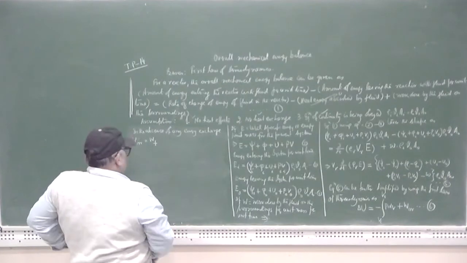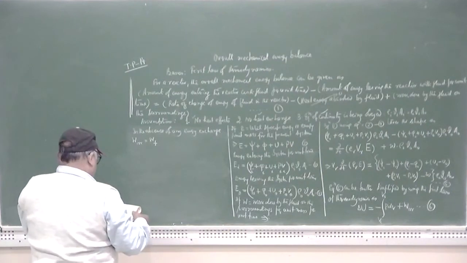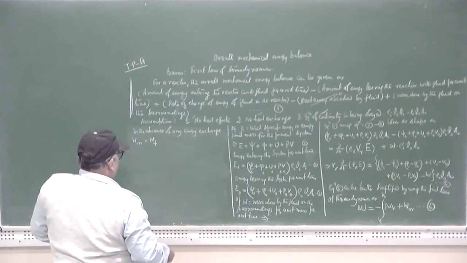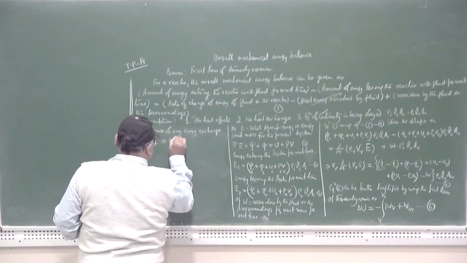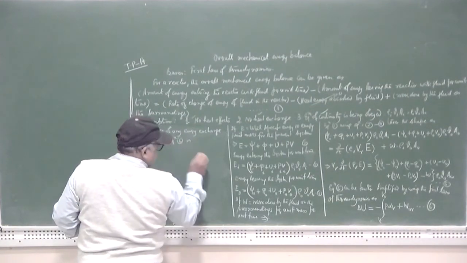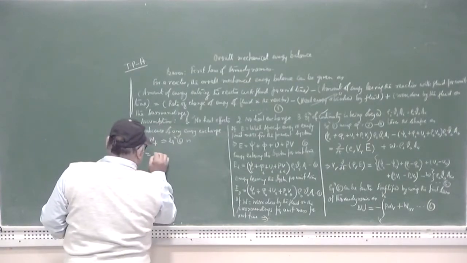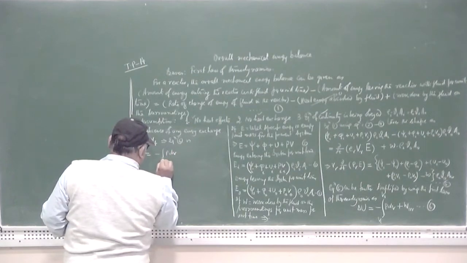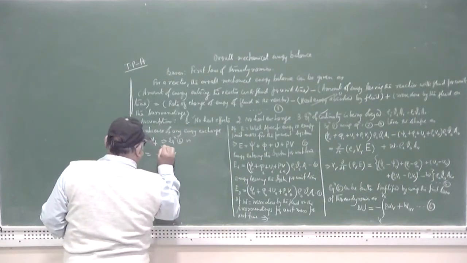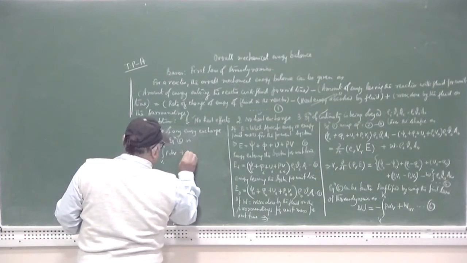So, equation 6 is delta U equal to integration of minus P dV integrated from Vi to V naught plus Wf.